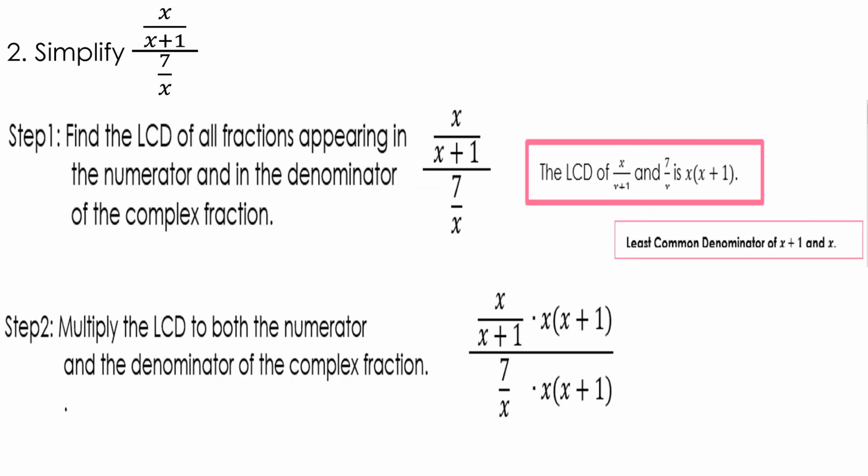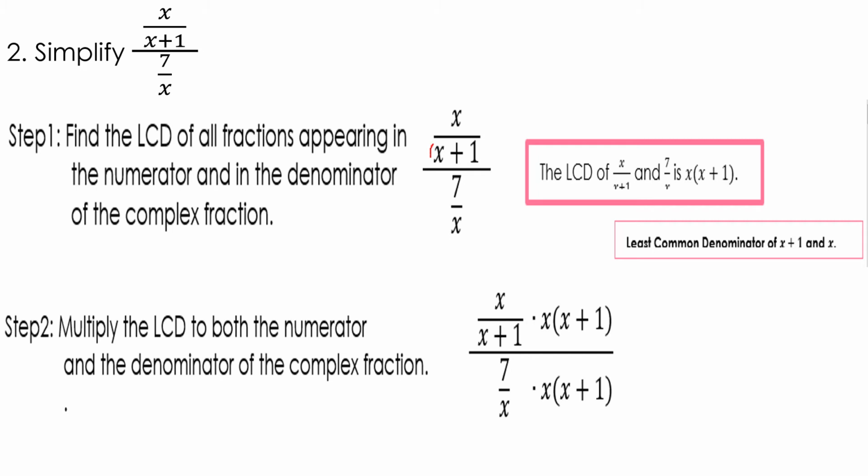Next, let's have another example. Simplify x over x plus 1 all over 7 over x. Then find the LCD of all the fractions appearing in the numerator and in the denominator of the complex fraction. So let's look for the LCD, which is x times x plus 1.